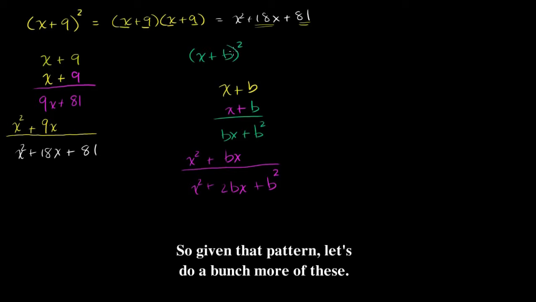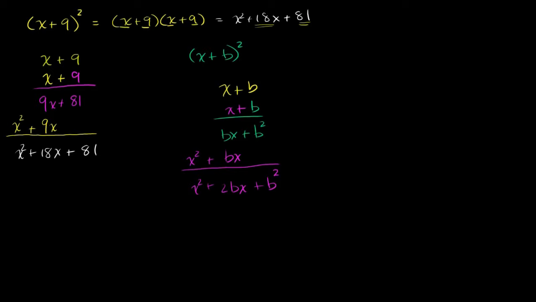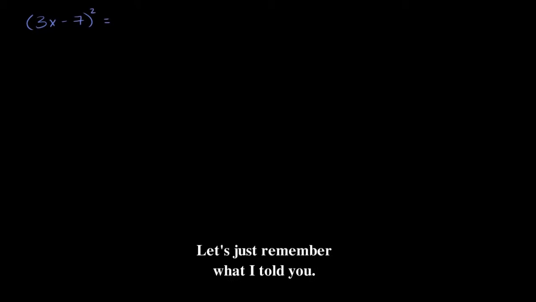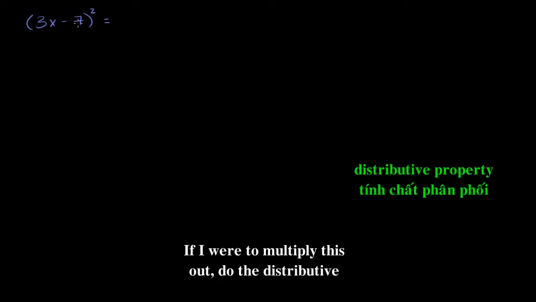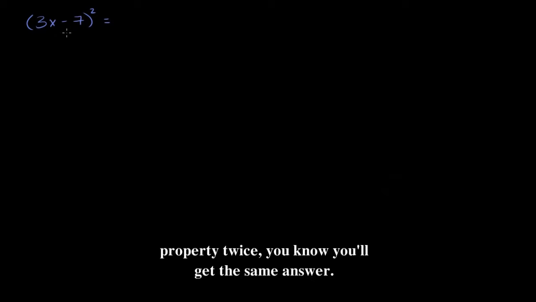So given that pattern, let's do a bunch more of these. And I'm going to do it the fast way. So 3x minus 7 squared. Let's just remember what I told you. And don't just remember it. You should always have in the back of your mind why it makes sense. If I were to multiply this out, doing the distributive property twice, you'd get the same answer.